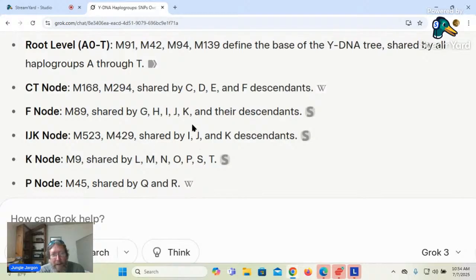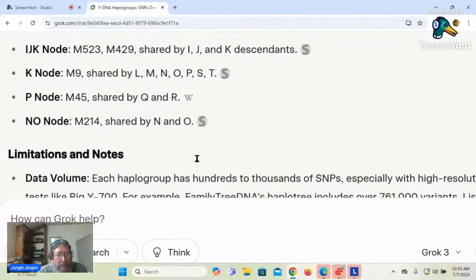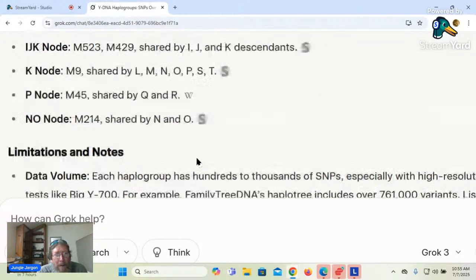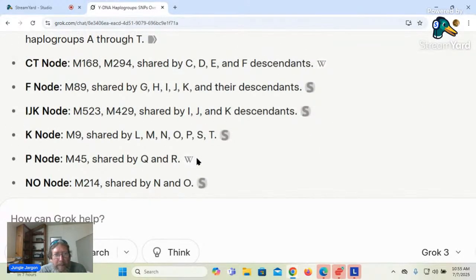All of K has their own marker, M9. These are all Eurasians. So all the Eurasians have the M9 as a marker. And in fact, I don't even know if all of them have it, to be sure. But anyways, the way they have it.